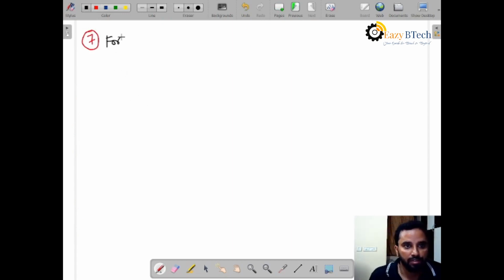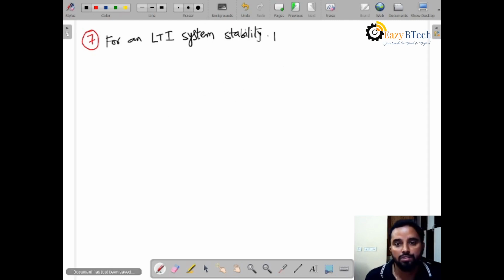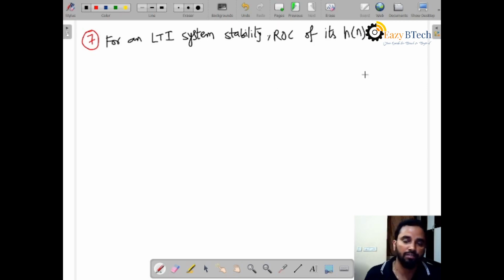For LTI system stability, for a linear time-invariant system, the ROC of its impulse response h of n must include the unit circle, then the LTI system is stable, right?